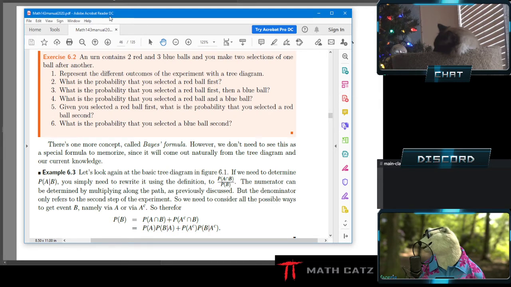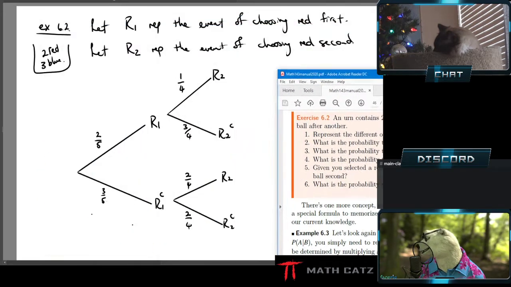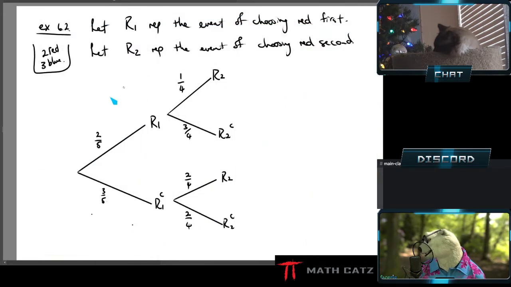Okay, so now just a few probabilities here that they want. If I made a mistake, for example, I went too fast or wasn't paying attention, you have to use the tree that you made moving forward.